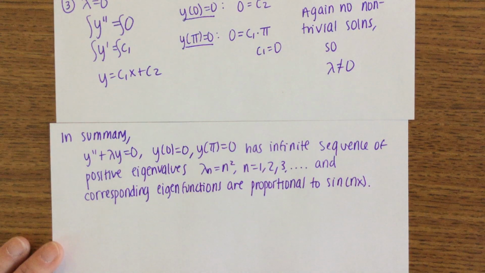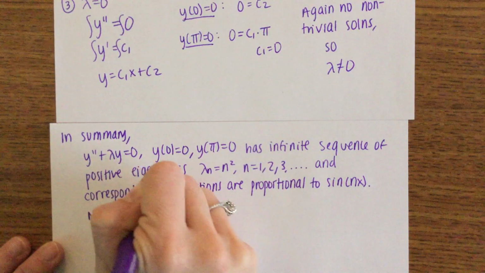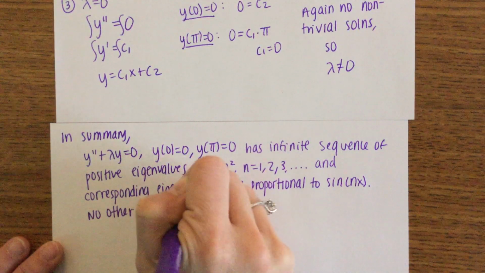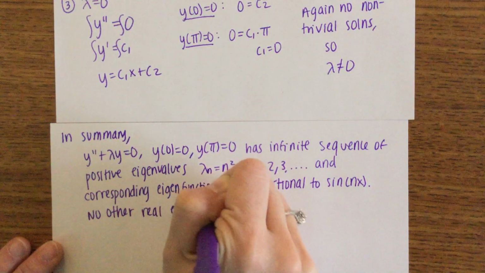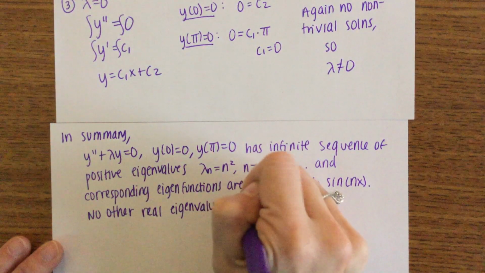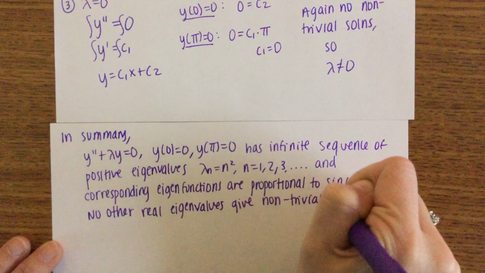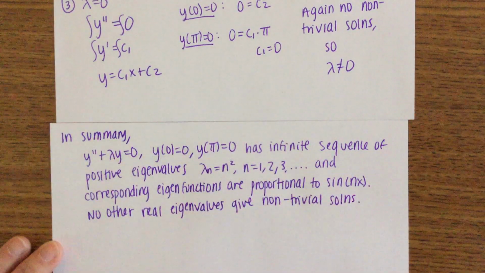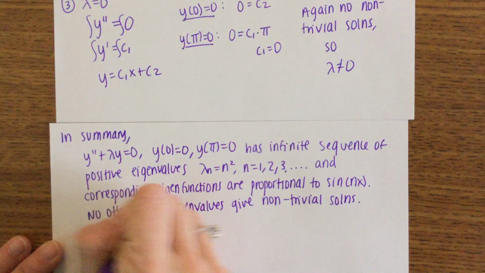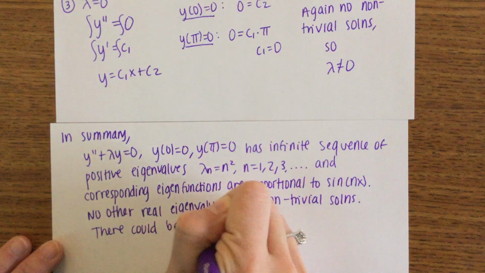So that was what we found in the first case. No other real eigenvalues. So in other words, when the eigenvalue is negative or 0, we are not going to get non-trivial solutions. There, though, could be complex eigenvalues.